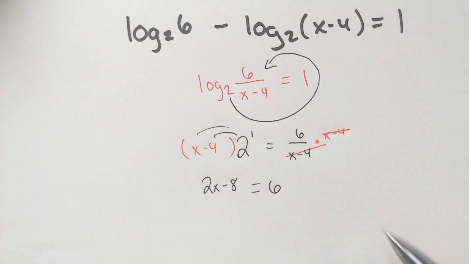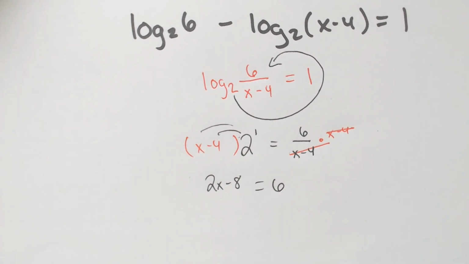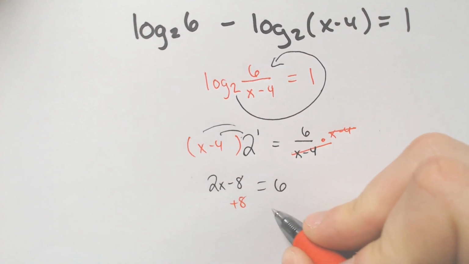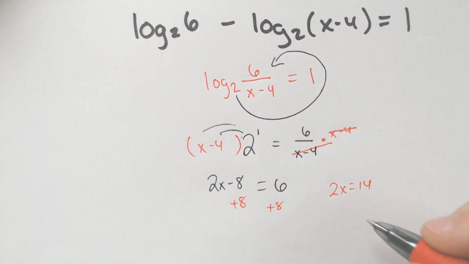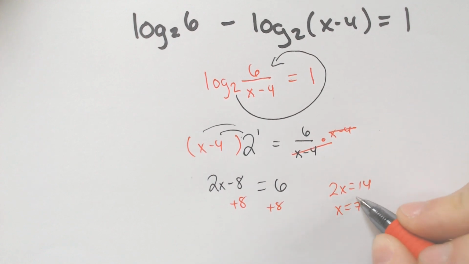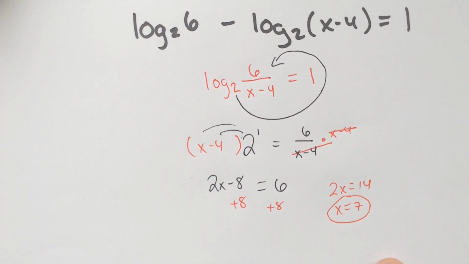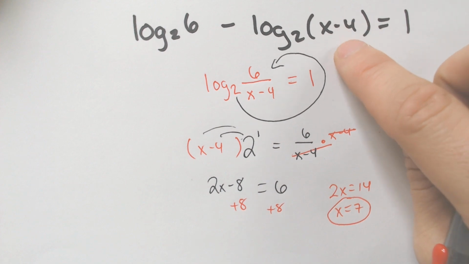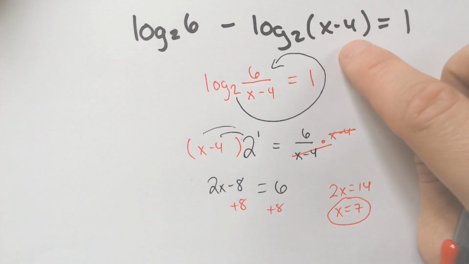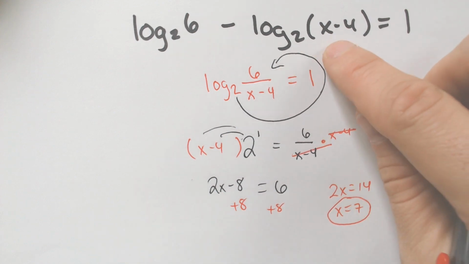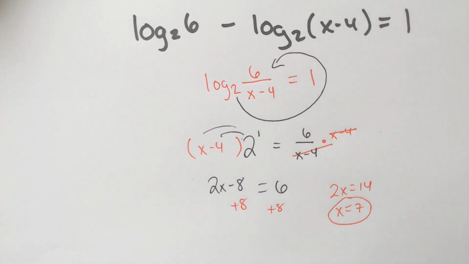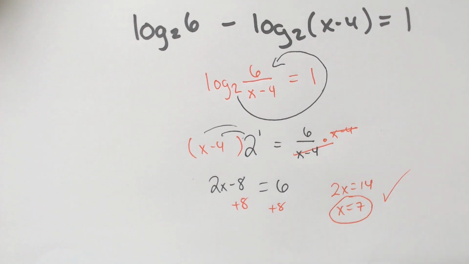Add 8 to both sides. 2x would equal 14, which means x is equal to 7. You do need to check your answer and plug it back in to make sure you're not taking the log or ln of a negative number. And in this case, we are not. 7 minus 4 is just 3, which is positive, so that one works out.